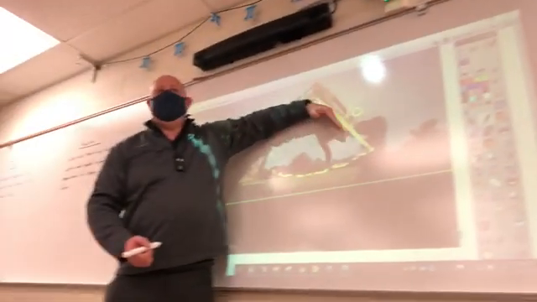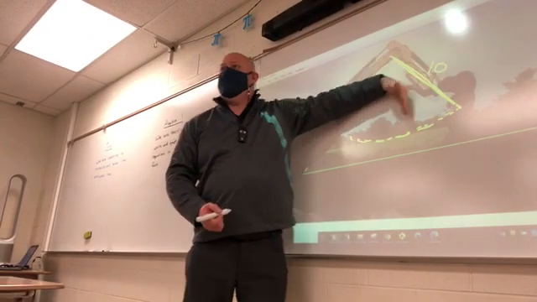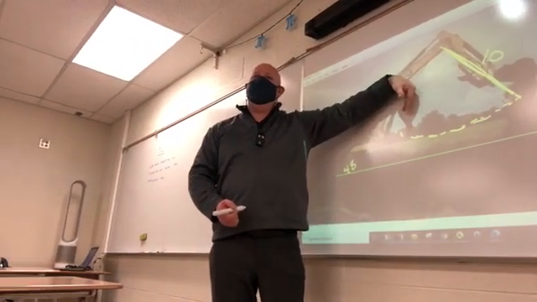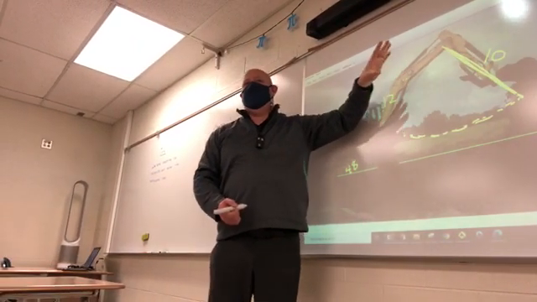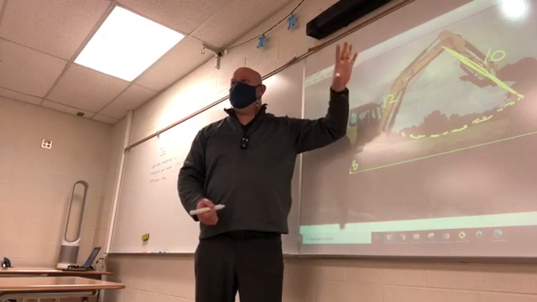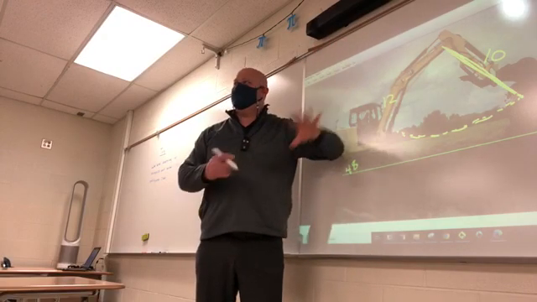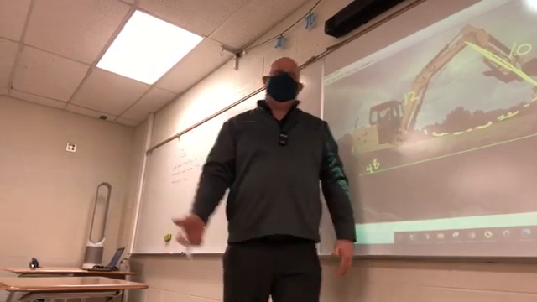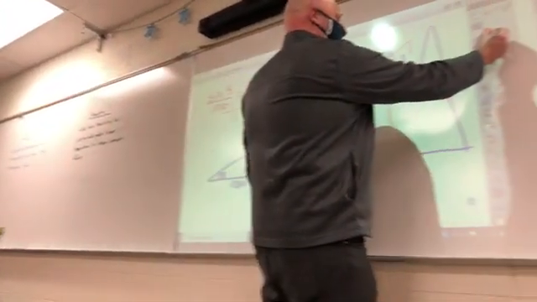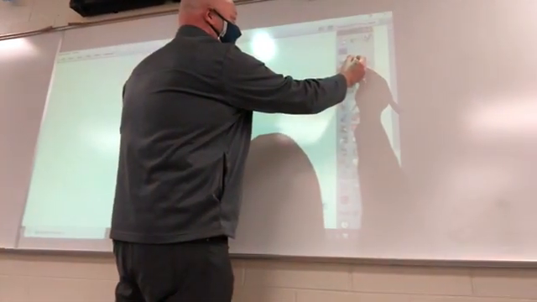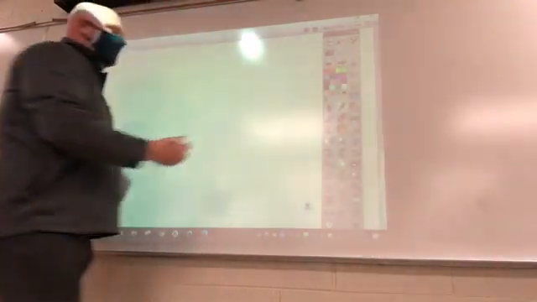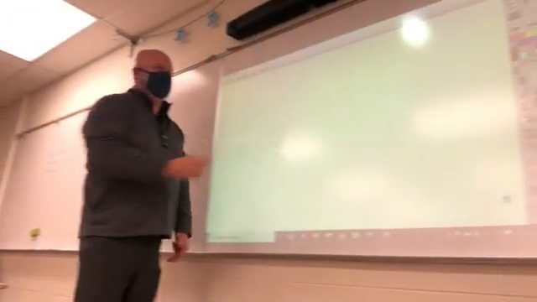Sometimes this arm might be just too short and it's not actually going to reach the ground at all. So we have to figure out what the scenario is, okay? Now this stuff you're going to want to write some notes on. You want to take out and write some notes on it. Basically, we have three scenarios.